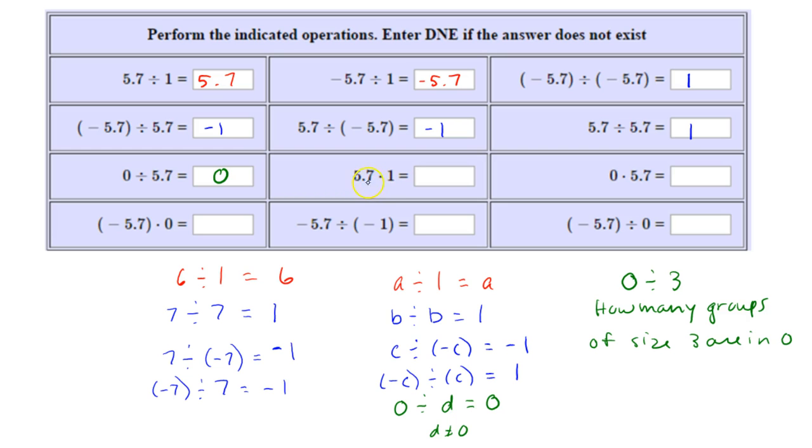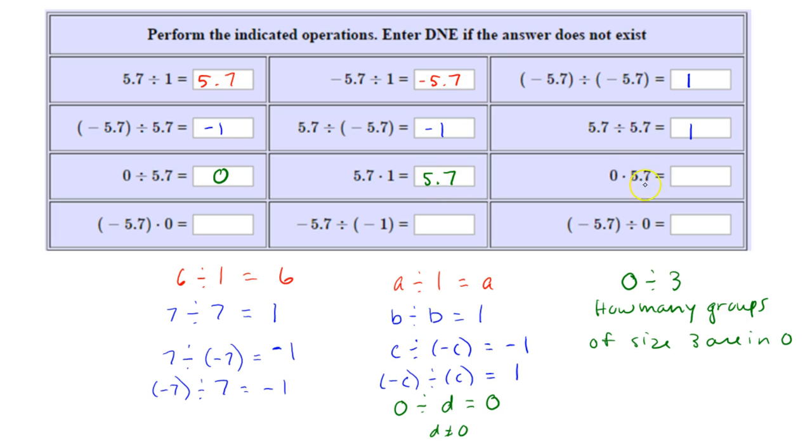Now this next one is multiplication. If we multiply a number by 1, it also equals itself. So this is 5.7 copies of 1. Well, that will be 5.7.